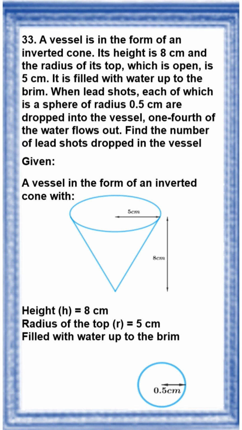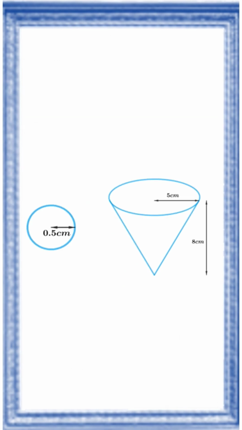And we have to find the number of lead shots dropped into it. Radius of the lead shots r is equal to 0.5 centimeter. Now, when some number of lead shots are dropped into the cone, 1/4 of the water is spilled outside.